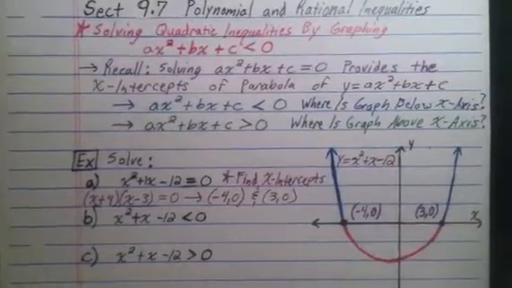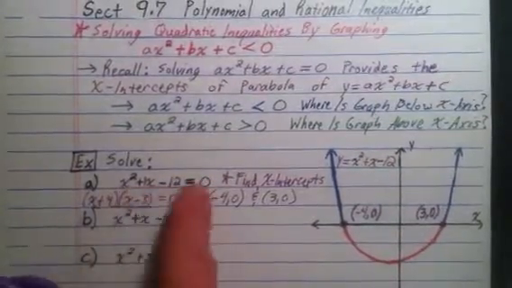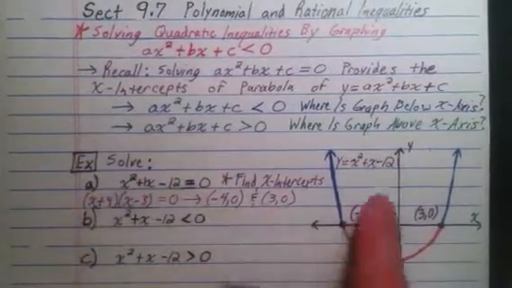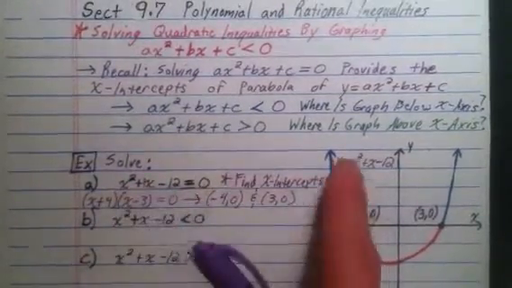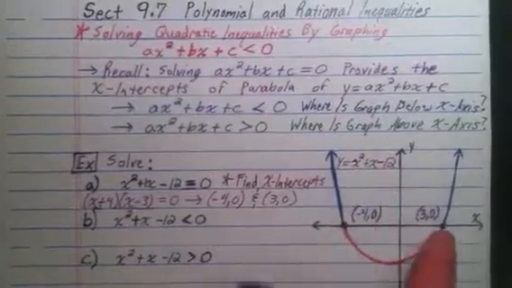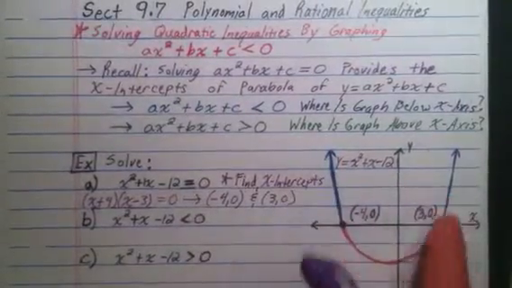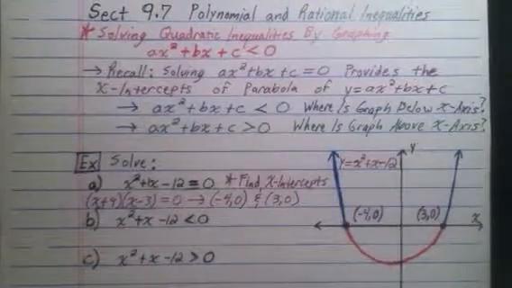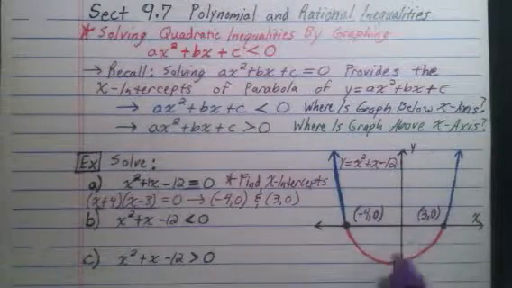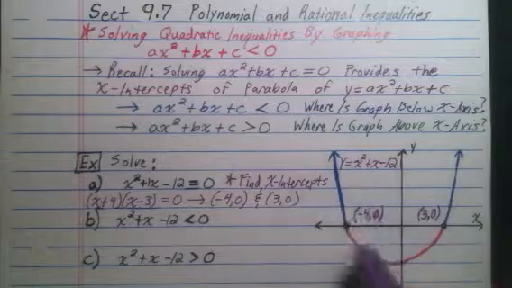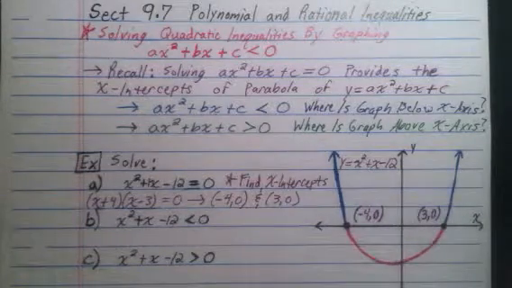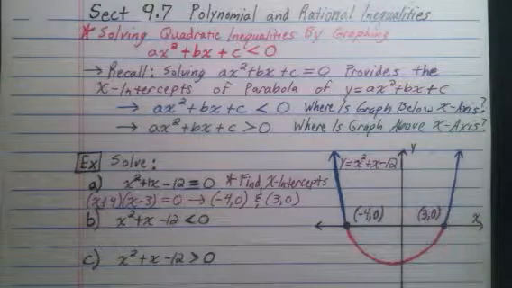So even though the actual problem didn't say anything about a graph, didn't say y equals, we can just graph it by using the x-intercepts, and we know it's going to open upward because it's a positive x squared. It doesn't really matter in these problems if we know where the vertex is. All we need to know is that it opens upward and that we know the two x-intercepts, -4, 0, and 3, 0.